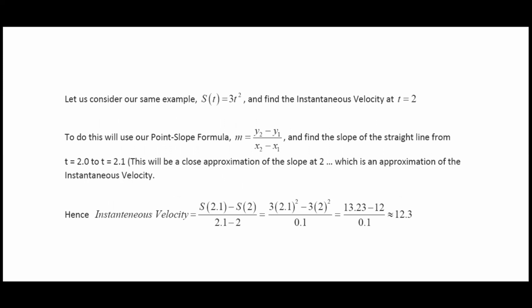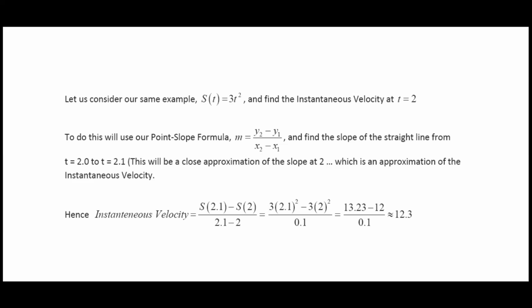We talked about this earlier in this course: a curved line is nothing more than a lot of little straight lines in succession. So to find the slope at 2, which is going to be the instantaneous velocity, we're going to find the slope of a small part of the line segment near t equal 2.